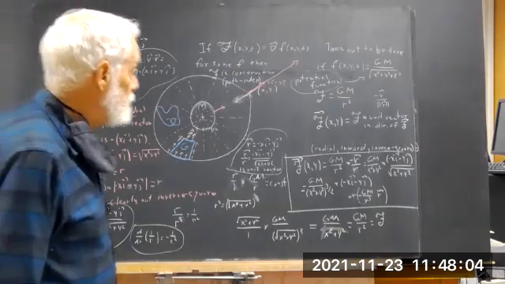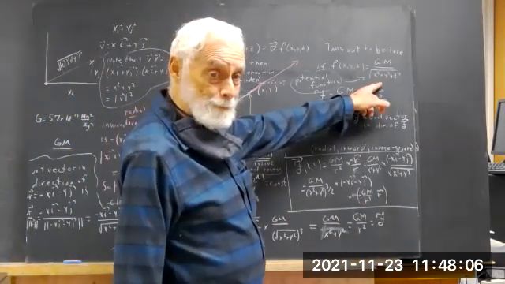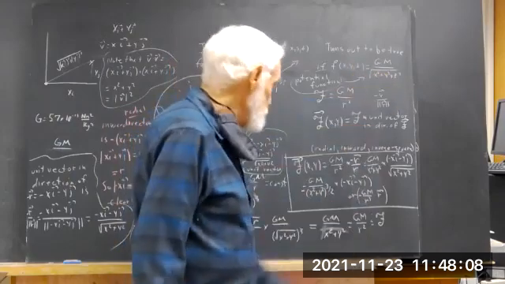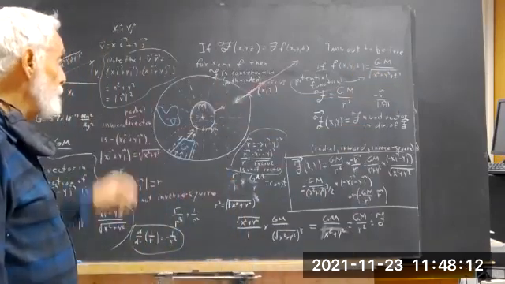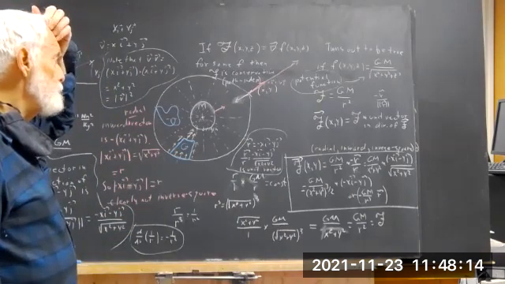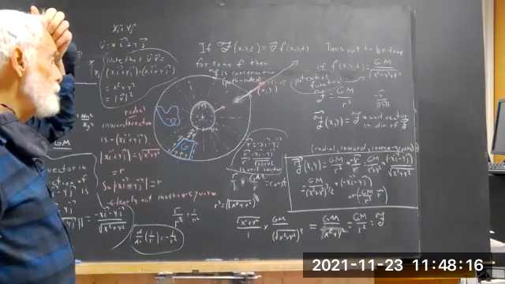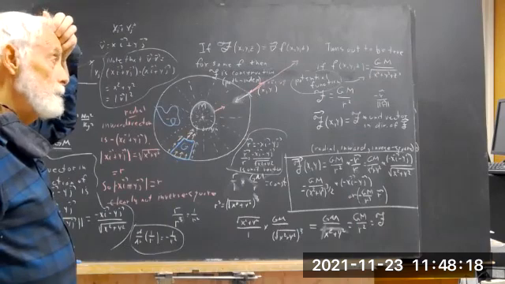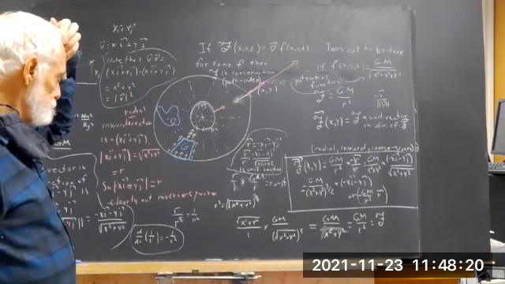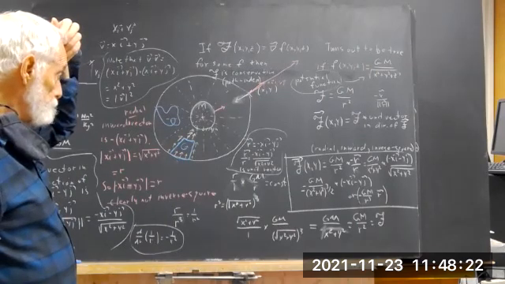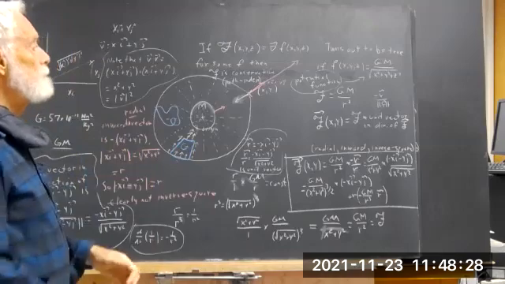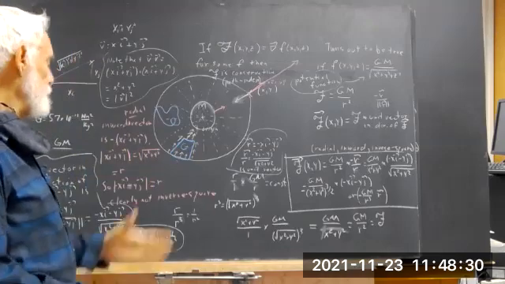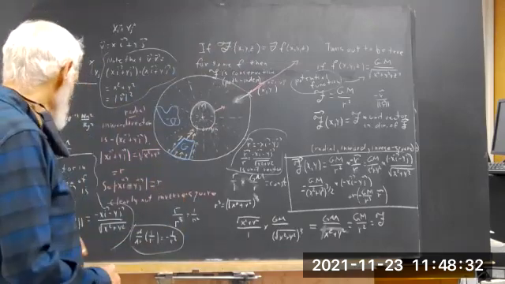In the same sense, the derivative of this r, in whatever direction, should be negative 1 over r squared. And that makes this very plausible.